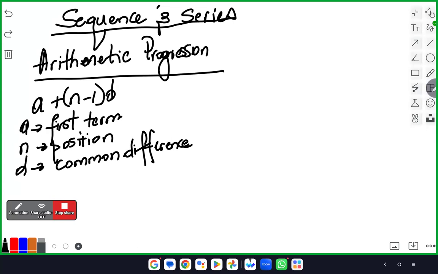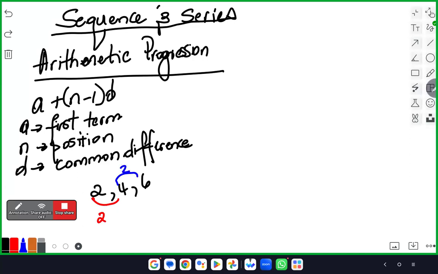So for example, if we were to look at even numbers, 2, 4, 6, 8, 10, the difference between each pair of successive terms would be 2. The difference between 2 and 4 is 2, and the difference between 4 and 6 is 2.